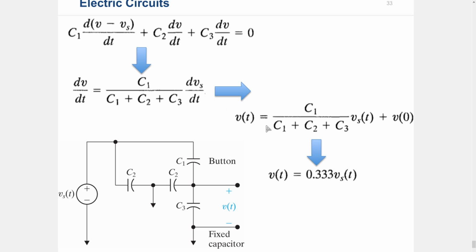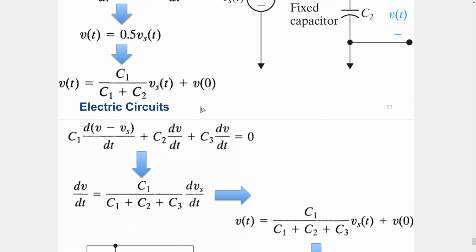And from here, Vt equals C1 divided by C1 plus C2 plus C3 times Vst plus V0. Since all the capacitances are equivalent at 25 picofarads, we reach the conclusion that Vt will be 0.33 Vst.